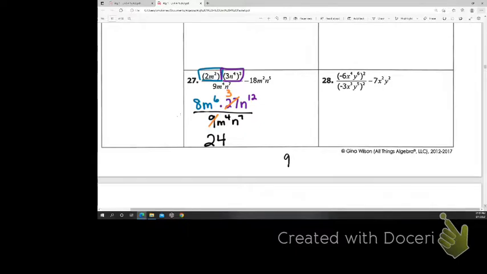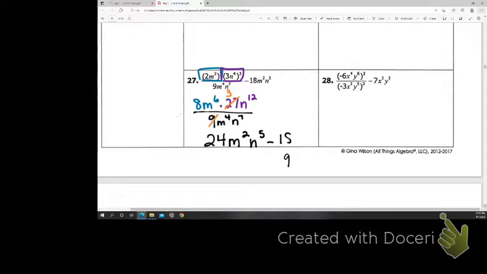And then even before I squish them together, I can go ahead and subtract my m's. 6 minus 4 is 2. Subtract my n's, because I really couldn't use product rule because they weren't the same variable. 12 minus 7 is 5.